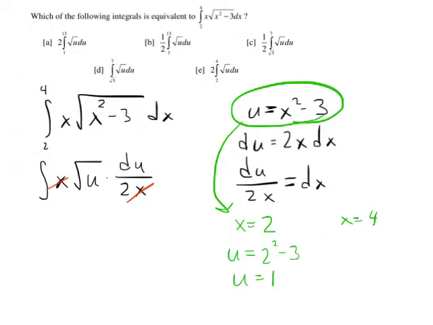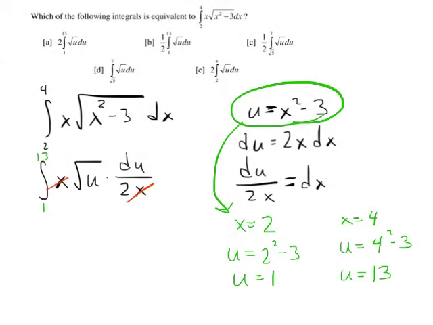So my lower bound, which was previously 2, is now 1. My upper bound of x is 4. Let's see, we'll have u equals 4 squared minus 3. 16 minus 3 gives me 13. And so my upper bound here is 13.